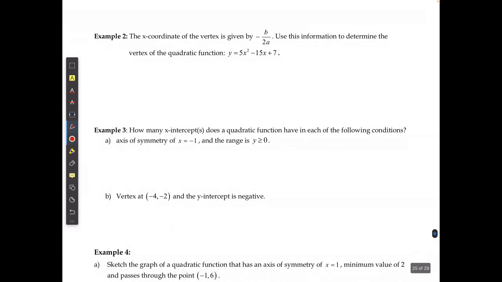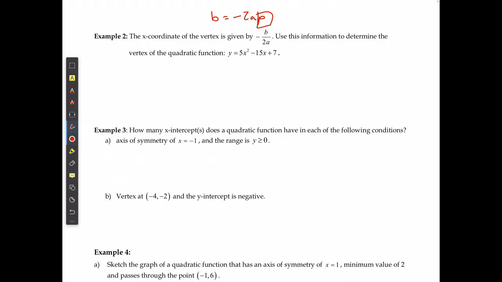Now you can see in example 2, they rearranged that formula that we had, saying that if b is equal to -2ap, then when I isolate p by itself, I'm going to divide both sides by -2a. So p would be the same as -b over 2a.